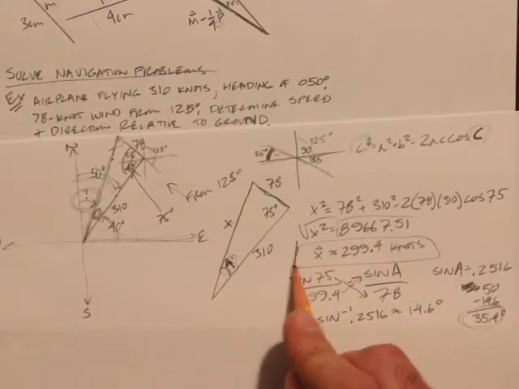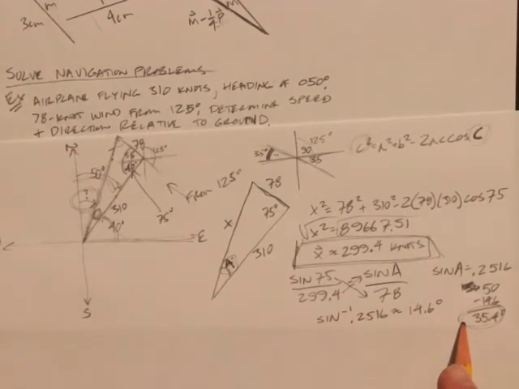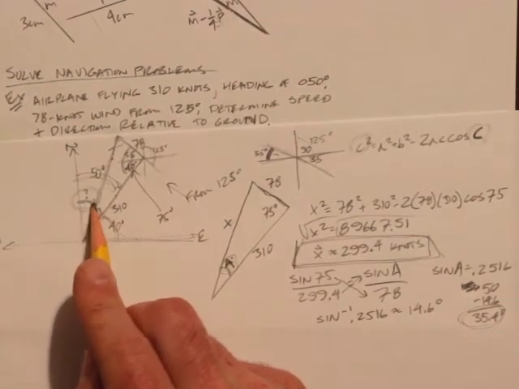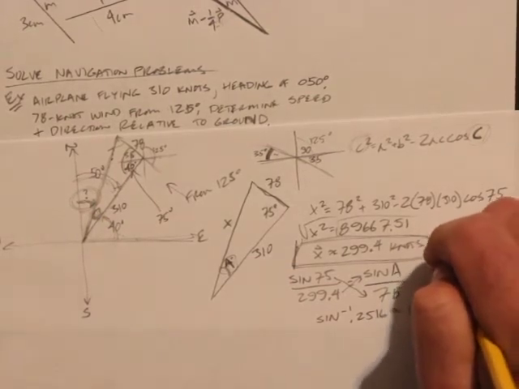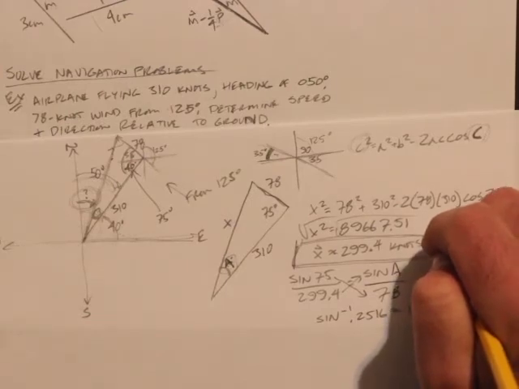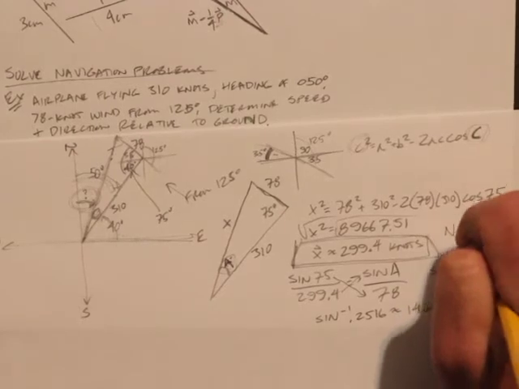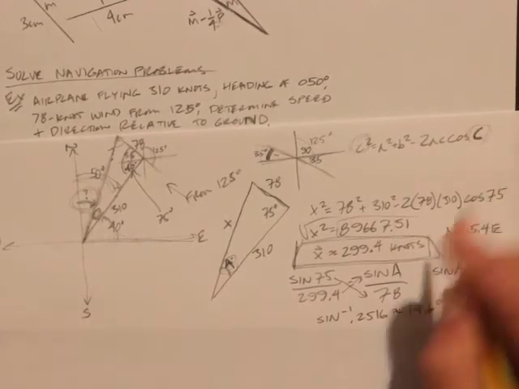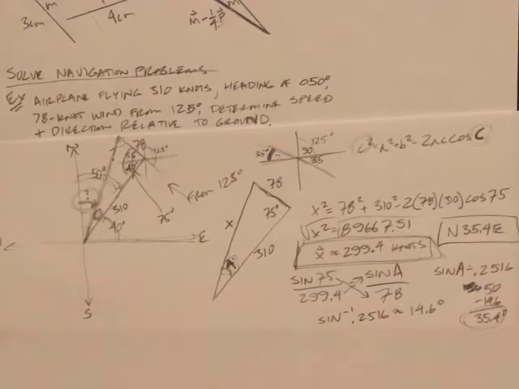So here's my distance, my magnitude, and now I need to write this the correct way. So this angle here is 35.4 degrees. So I say north 35.4 east. So that's my answer. Whew!